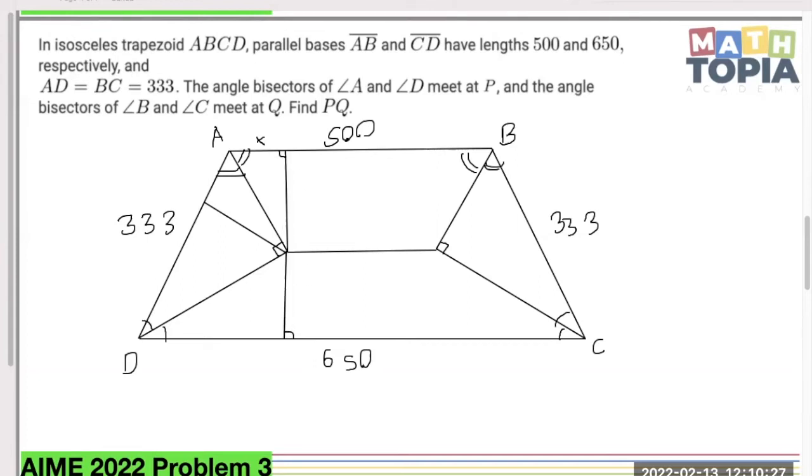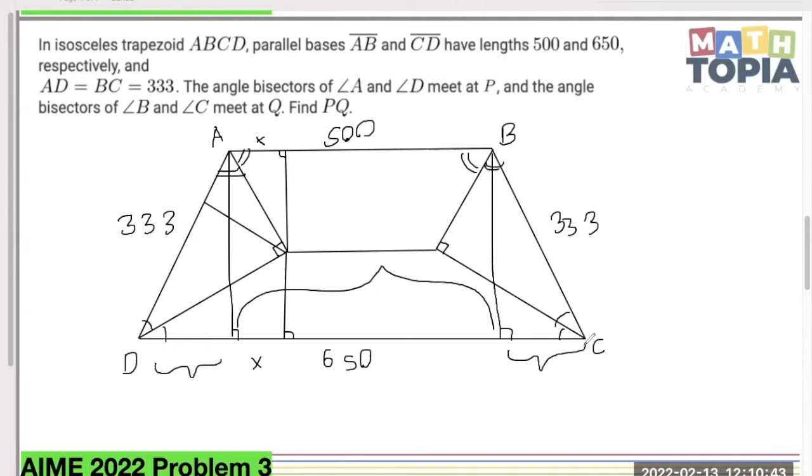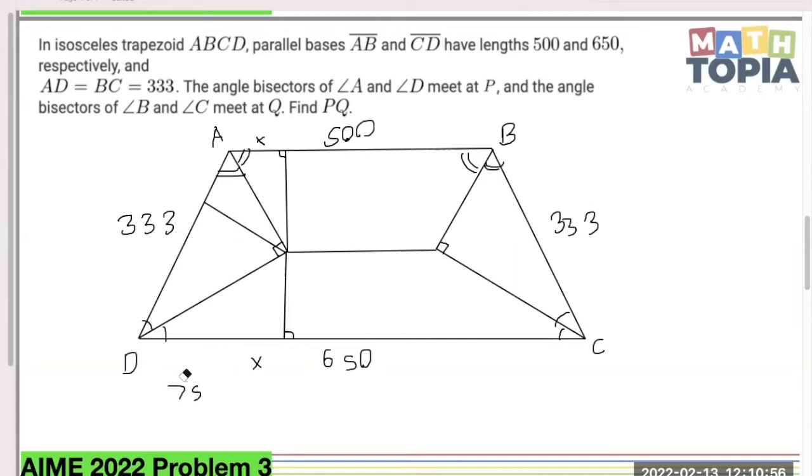If we drop this altitude, this is X. And if we drop this altitude as well, this length is 500, so this length plus this length has to be 150. But we know they're both equal because it's an isosceles trapezoid, so these are both equal to 75. So ignoring this altitude, this length here is just X plus 75.